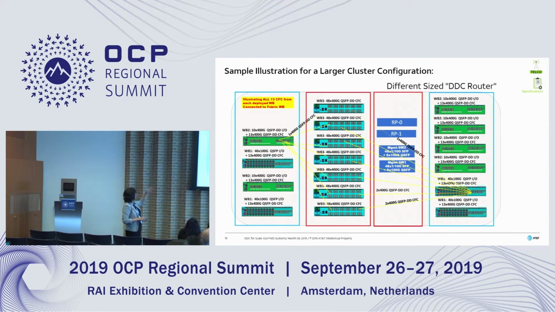Okay, so this is an example of if you want to build an even larger cluster, what would you do? You just have to deploy more fabric white boxes, so that you get enough fabric ports to connect each of the individual line cards. In this way, you really have to be careful in doing the connectivity design and the layout design. That's important and critical, because you have to plan.